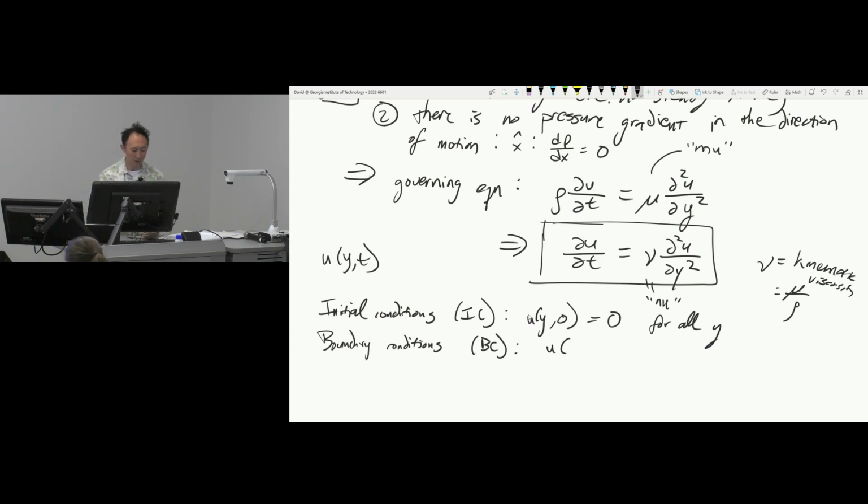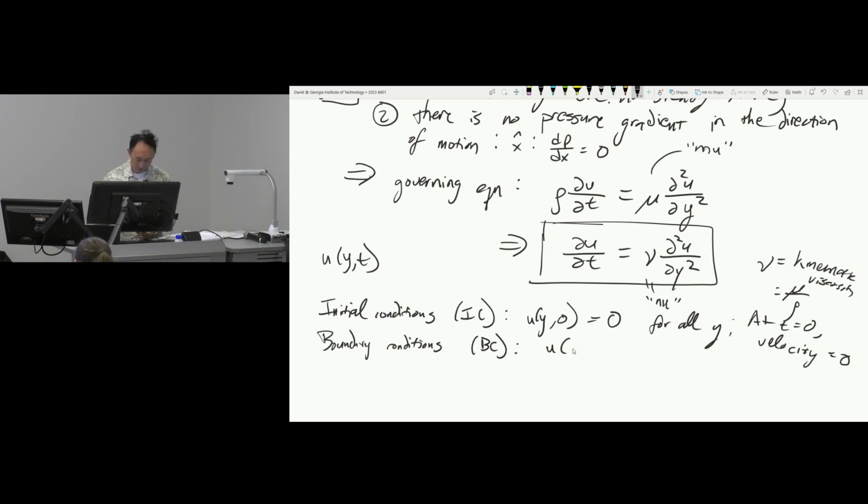So u of y comma 0 basically means that t equals 0, and that means the velocity is 0 for all y. That's what this funny notation means, because the velocity depends on the position and time, so you have to have y comma t.